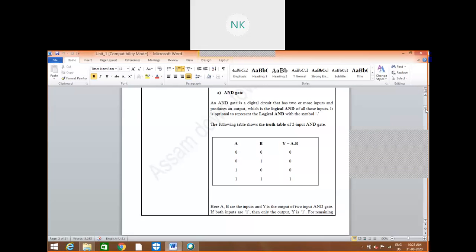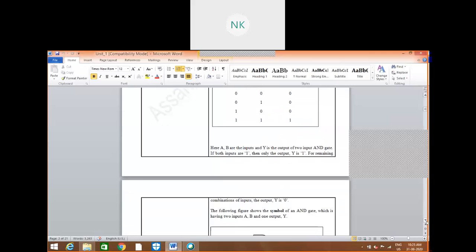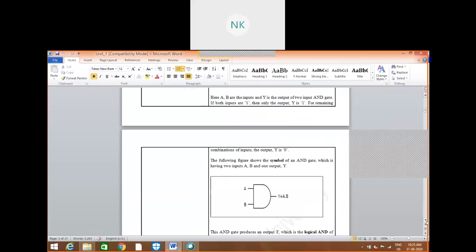Next, we will move to the OR gate, then the NOT gate. So, for the AND gate, what is the symbol? What is the symbol for the OR gate? Wait. So basically, this is the symbol.